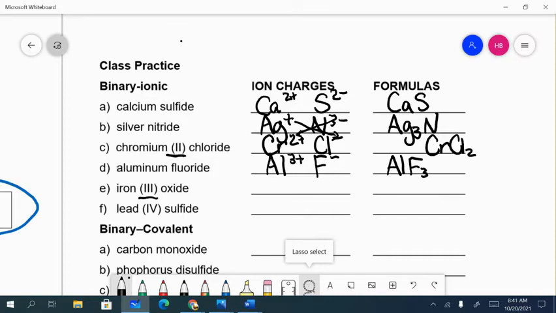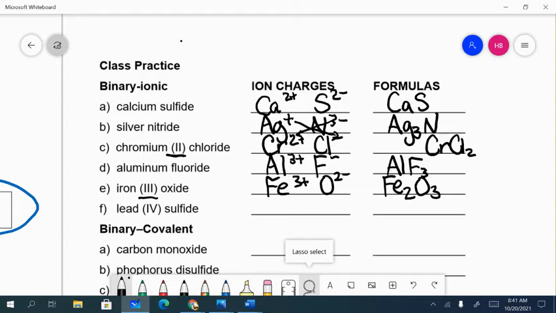Remember, when it comes to variable charge metals, the charge is the same as the Roman numeral. Let me drop the charges down, or recognize the lowest common denominator between iron and oxygen at 2 and 3 is 6.